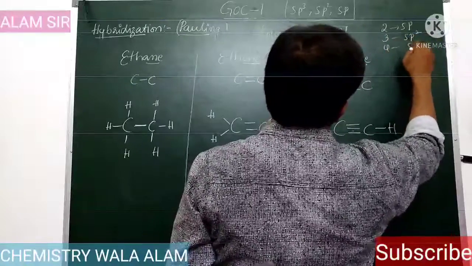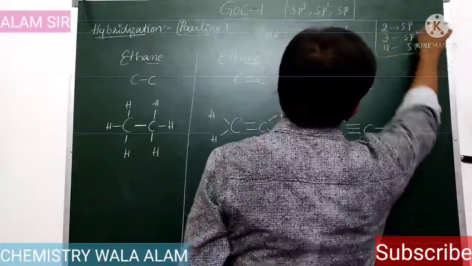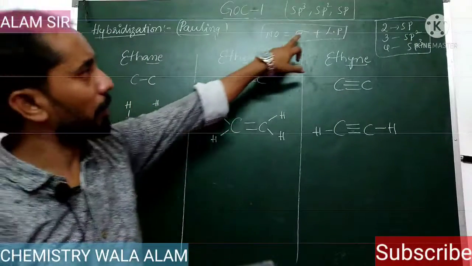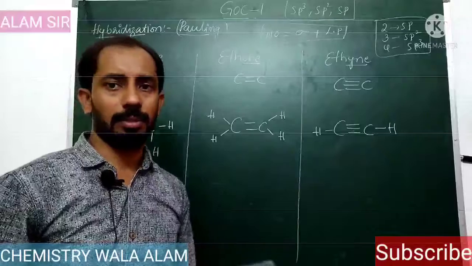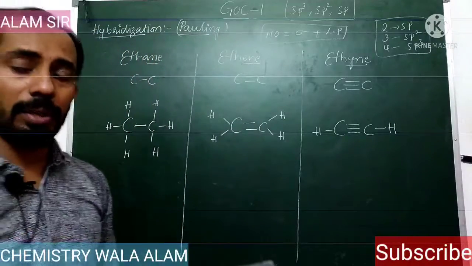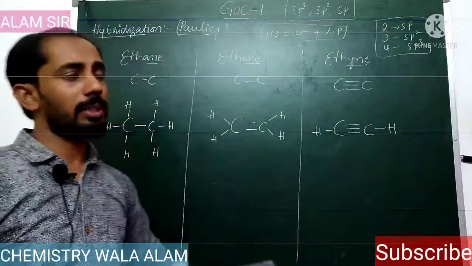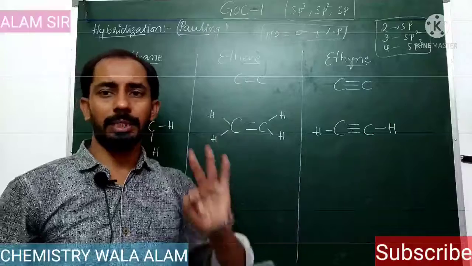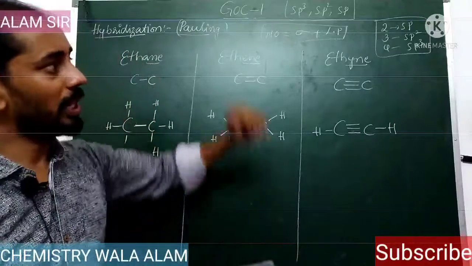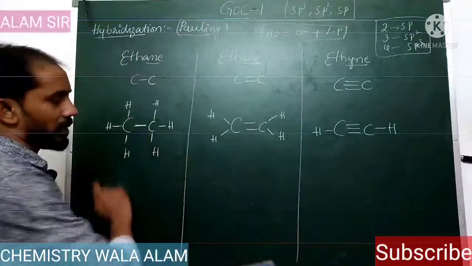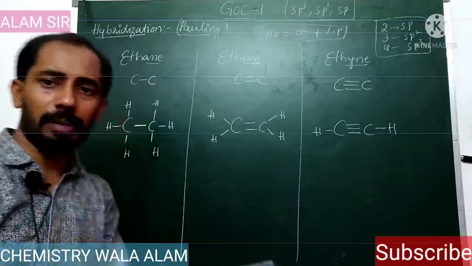If the number is 4, it is called sp3. Very simple: find the number of sigma bonds. If the number of sigma bonds around the atom is 2, that indicates sp; if 3, sp2; and if 4, sp3. Suppose two atoms are there; for each atom the hybridization is calculated.